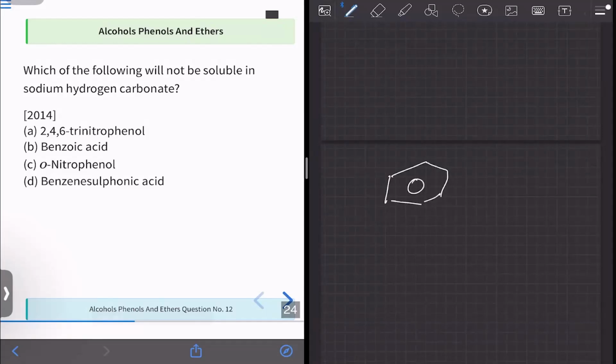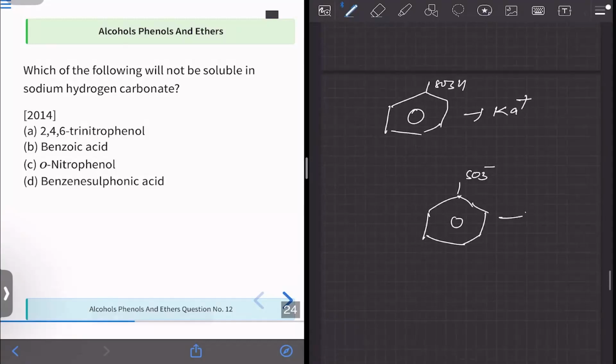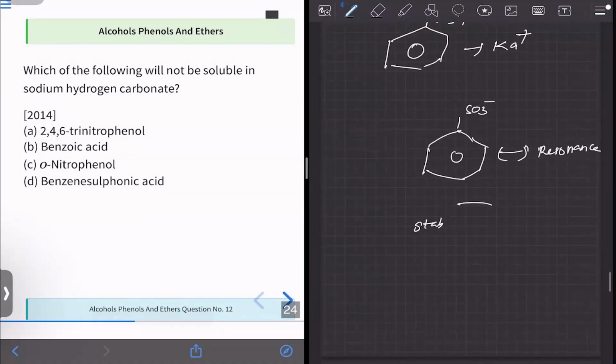Benzene sulfonic acid has a high ionization constant, because after removing the proton, it has SO3 minus, which undergoes resonance and becomes more stable. So it can be soluble.